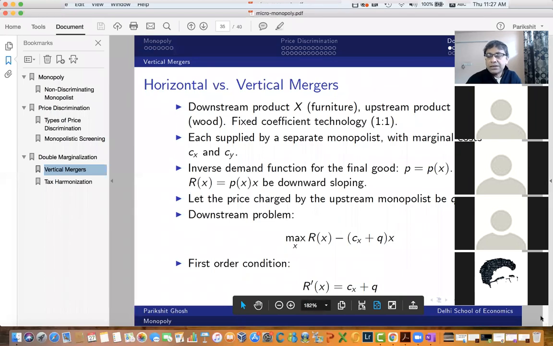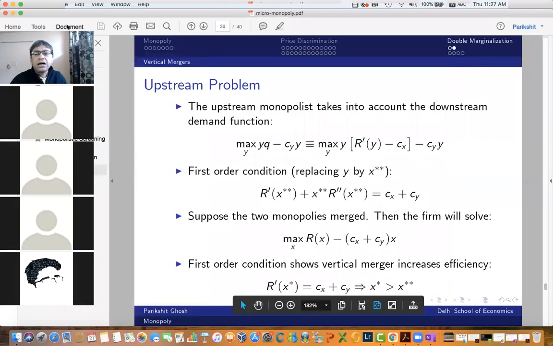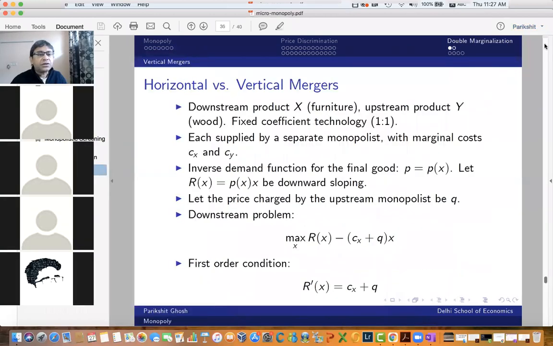And then you go back a step and go to the upstream firm's problem. The upstream firm takes this derived demand function coming from the next monopolist and solves its own profit maximization problem. That's how you solve it. So the question there is basically, you just follow these two slides using the functional forms I have given you in the question, and that's it.